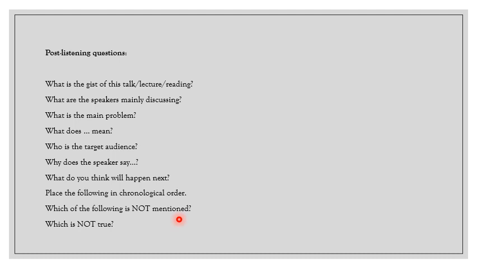Or the next example: which is not true. They give you a group of sentences, and which among these sentences is not true. Here too you need to focus on details to know for each sentence how it was mentioned in the listening material. Okay.